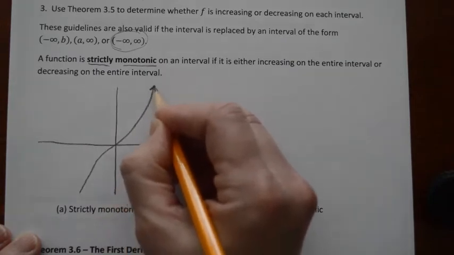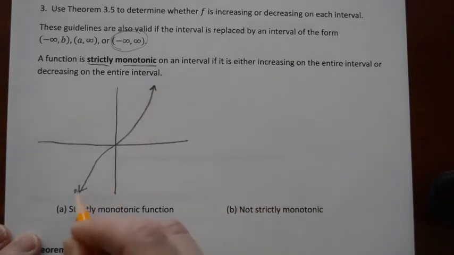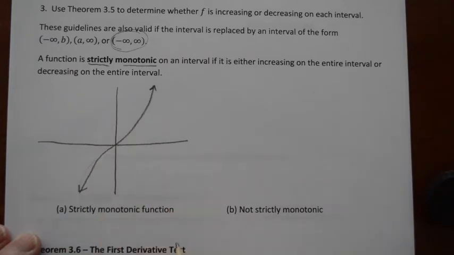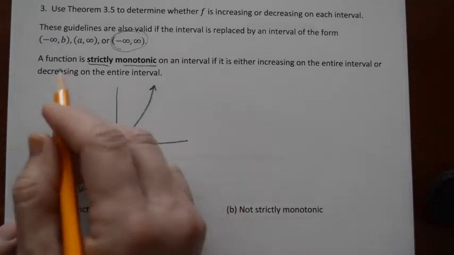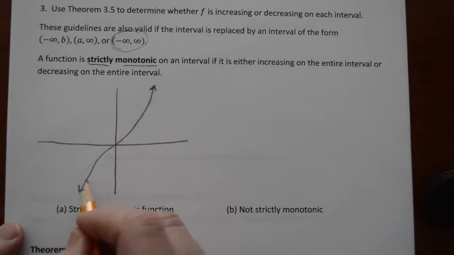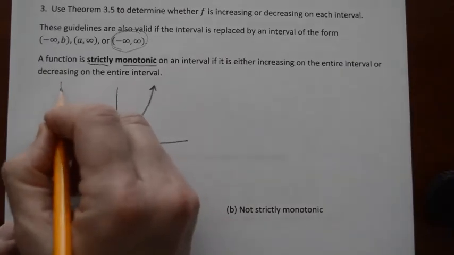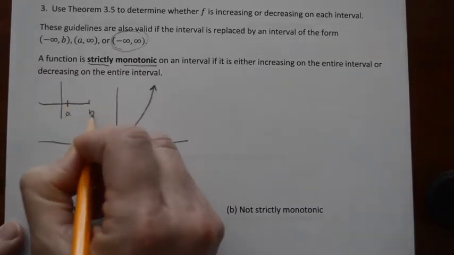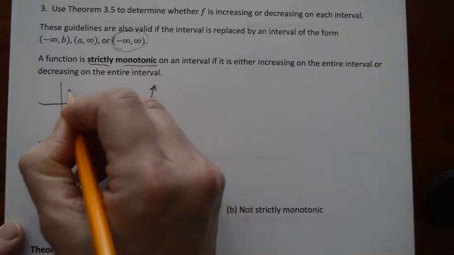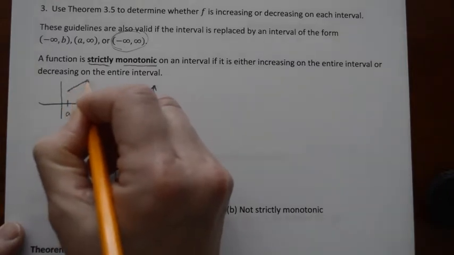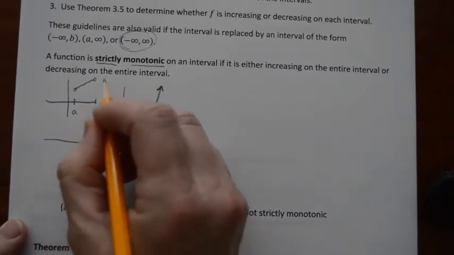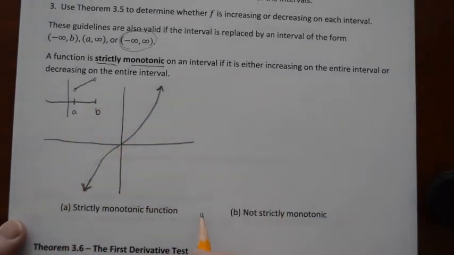All right. So it's always increasing. You could do one that was always decreasing, but it just on a given interval, and again, I'm doing mine as one that's from negative infinity to positive infinity, but you could also have one where on the interval a, b, it's just strictly increasing in that section, all right? It might do something outside of that interval, but inside the interval, it's strictly monotonic.